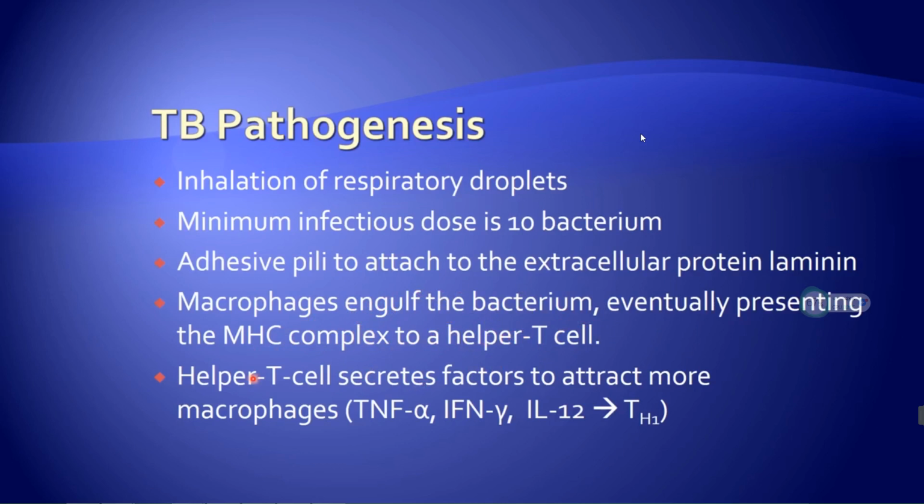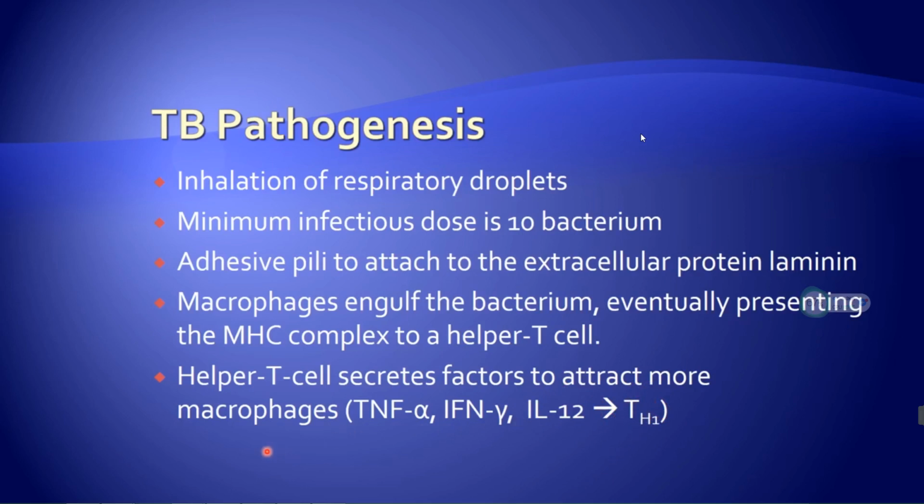And these helper T cells, they start secreting a ton of factors. And they're what we call pro-inflammatory cytokines. And these are the most important ones. There is a whole list of cytokines that these things produce. But the important ones seem to be tumor necrosis factor alpha, gamma interferon, and interleukin 12. Now, interleukin 12 really does attract more T helper cells, specifically Th1 cells.